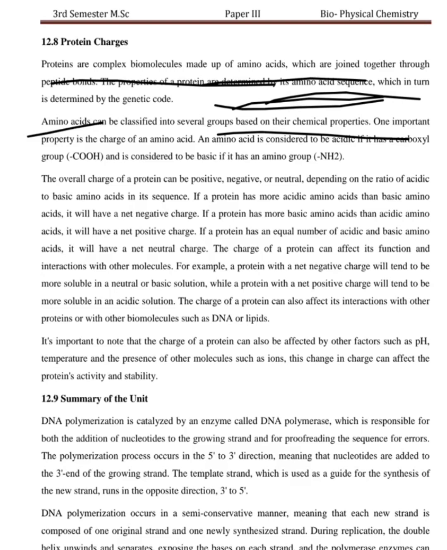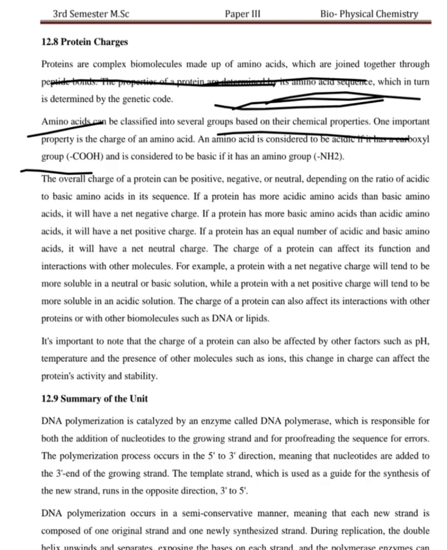Amino acids are considered acidic if they have a carboxyl group. Some have amino groups, and some have sulfur groups.